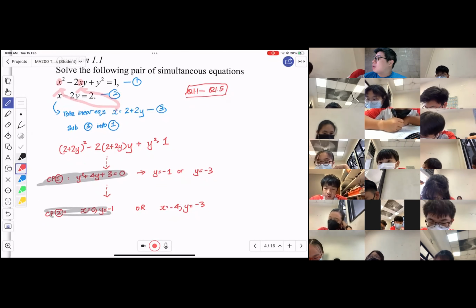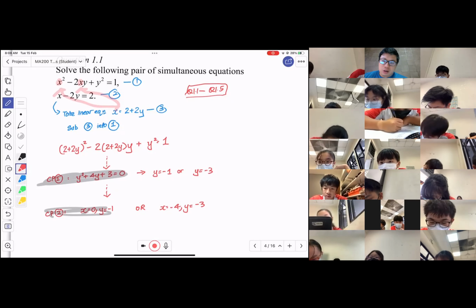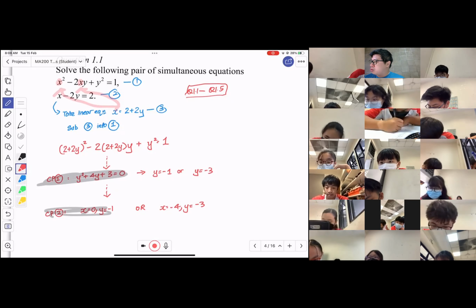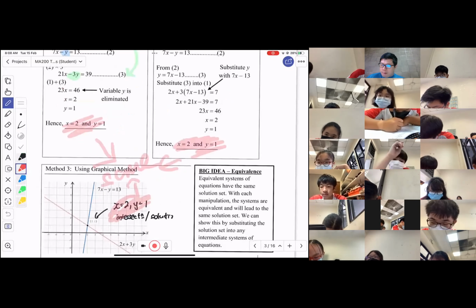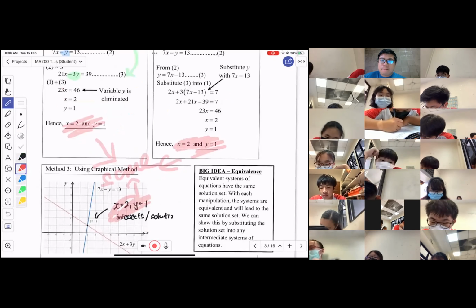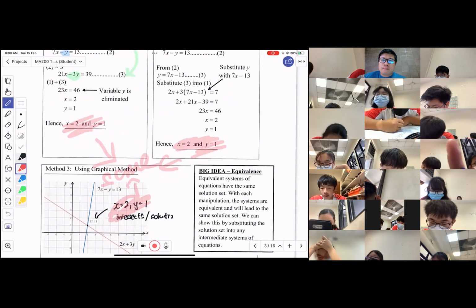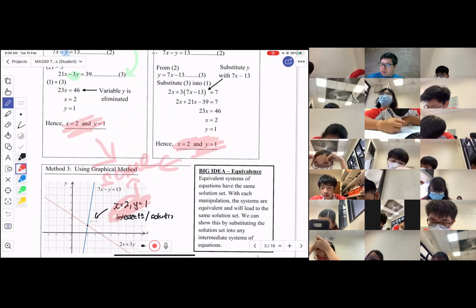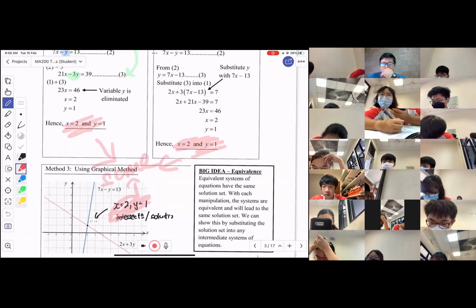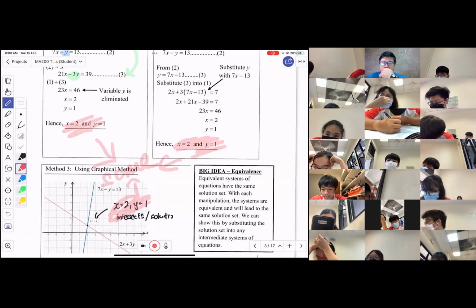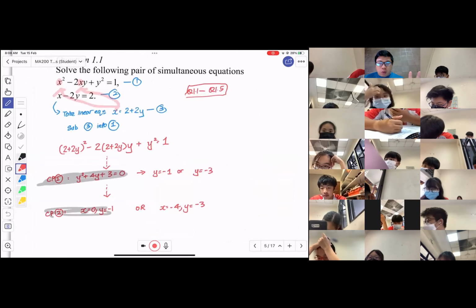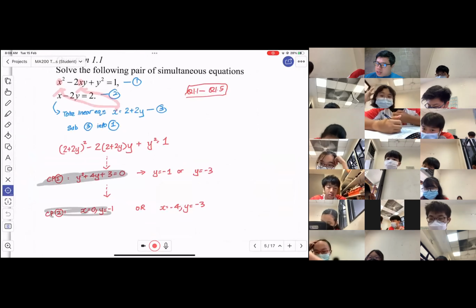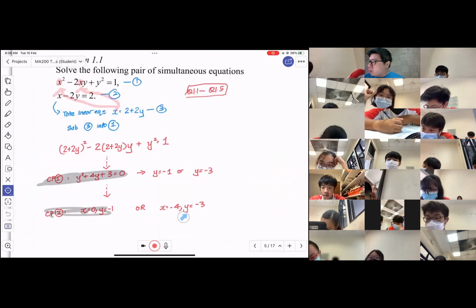If you are stuck, can you just let me know? Maybe you drop me a text message or send me your photo. I'll go through for you. Ideal answer is x equals to 0, y equals to -1, or x equals to -4, y equals to -3.